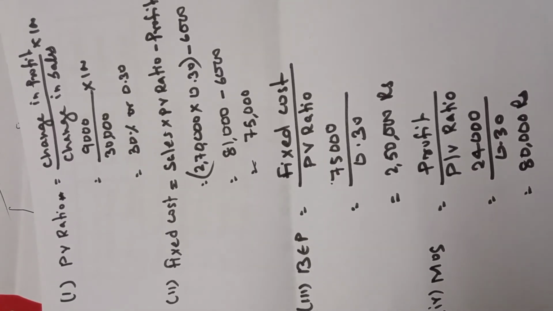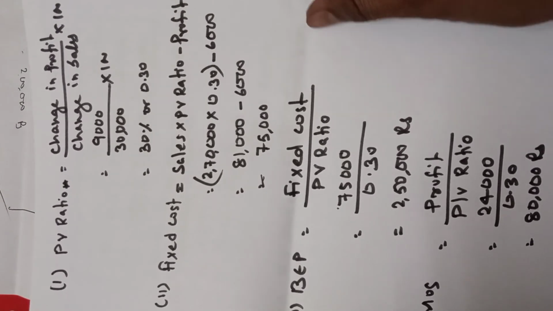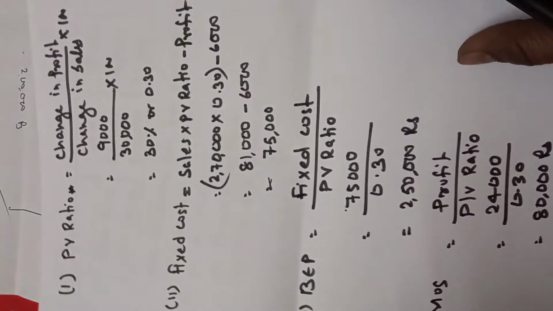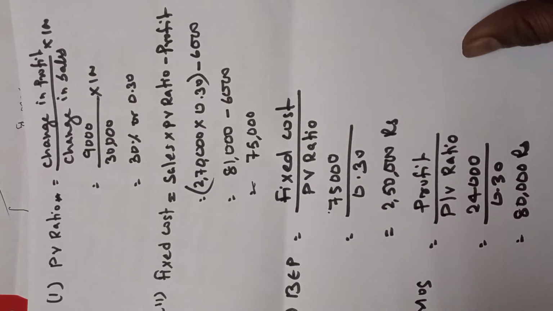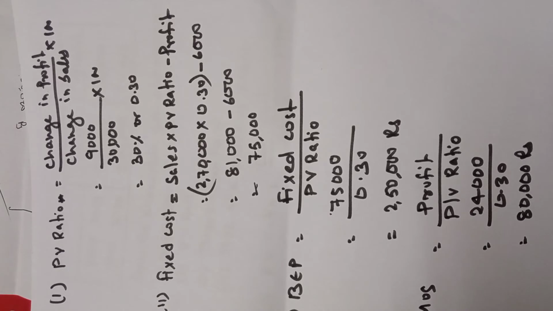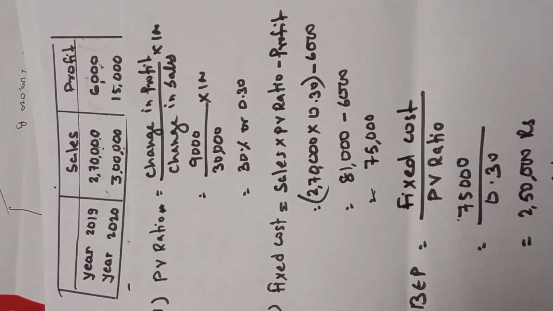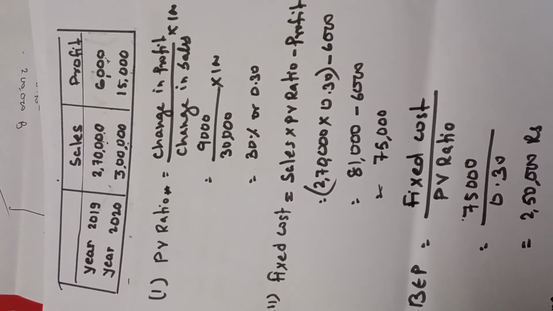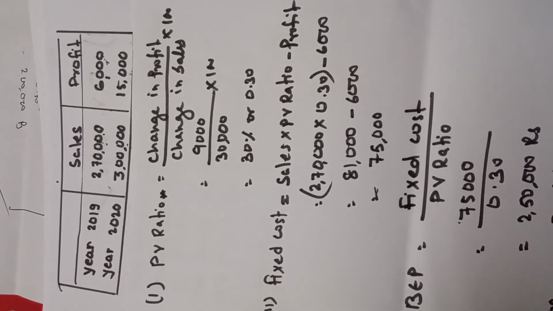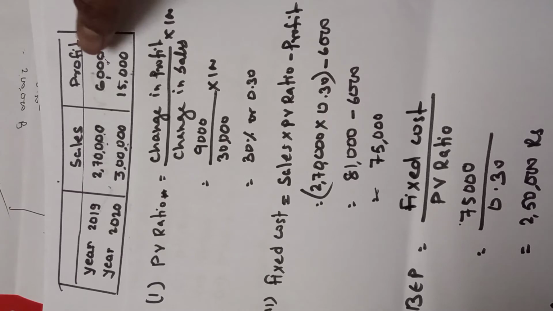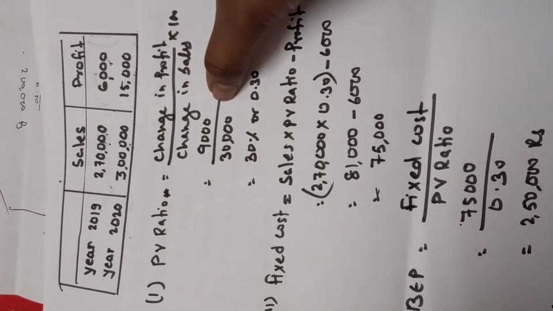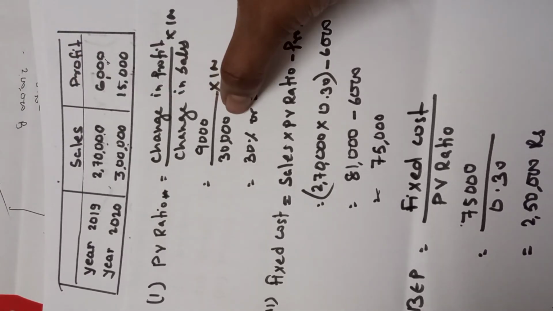Clear? So how do we calculate PV ratio? With the formula change in profit by change in sales into 100. The change in profit is 15,000 minus 6,000, that is 9,000. Change in sales is 30,000.